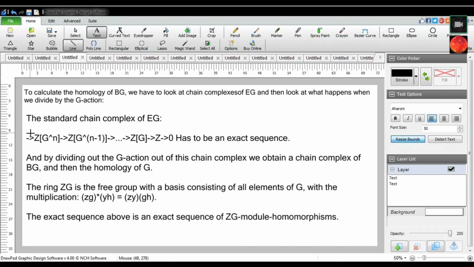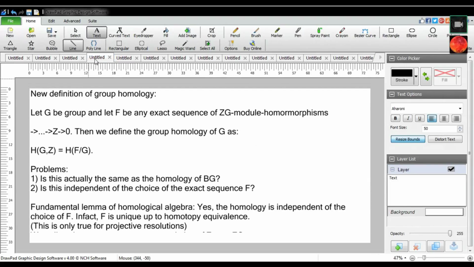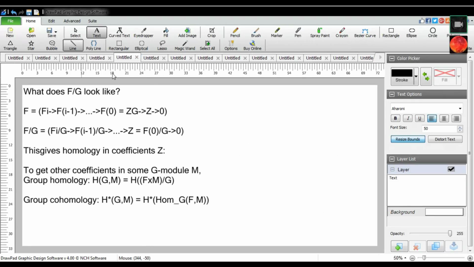So by forgetting topology and doing algebra all the time, we can define group cohomology in terms of projective resolutions. And just by saying we take any projective resolution, we asked ourselves, okay, what about long exact sequences?